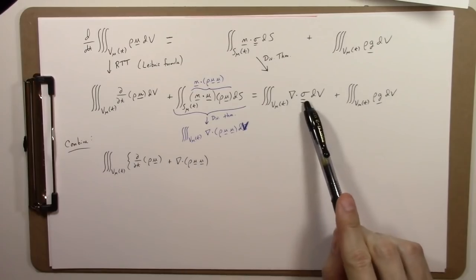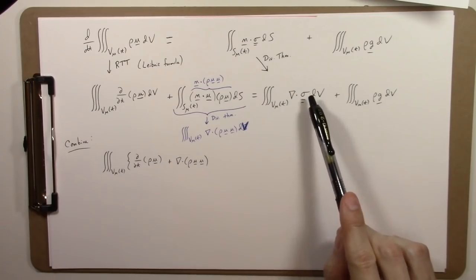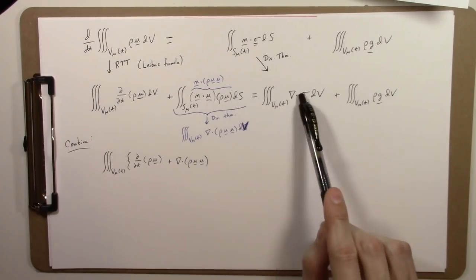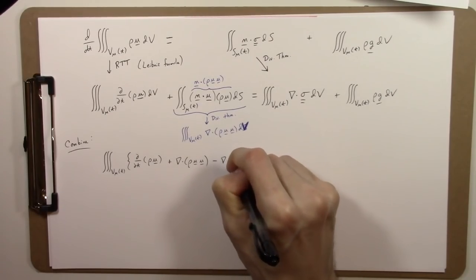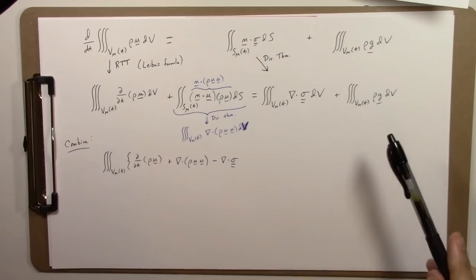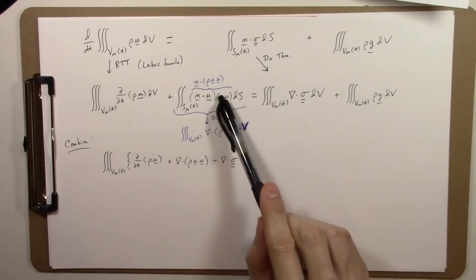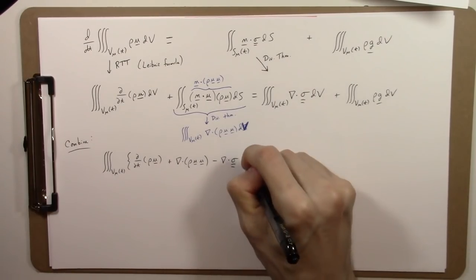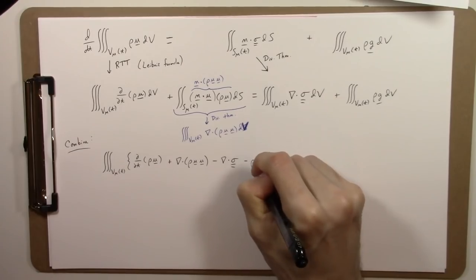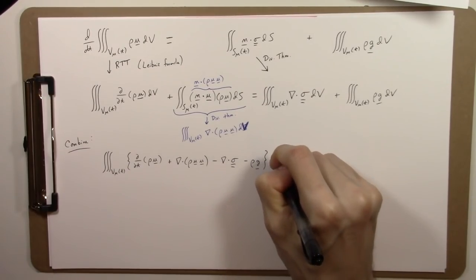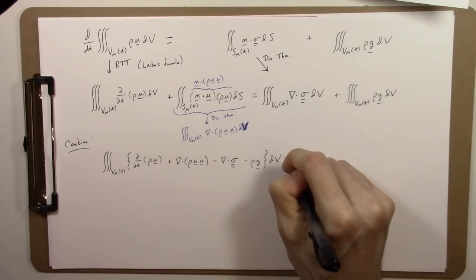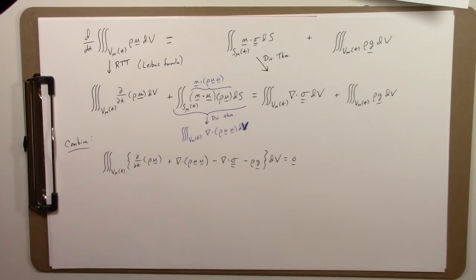We have del dot sigma, the divergence of the stress tensor. That's on the right hand side. We bring it to the left hand side, and therefore we need a minus sign. So we have minus del dot sigma. And the same thing, we have the rho g brought to the left hand side. We add the minus sign, complete the integrand, dV, and this whole thing then is equal to the 0 vector, since nothing's left on the right hand side.